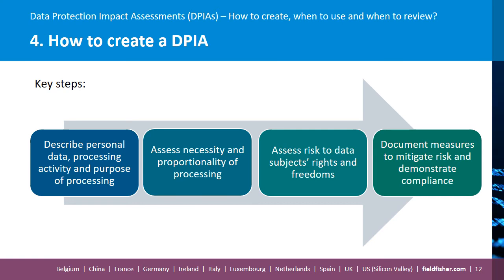First, describe the personal data, processing activity, and purpose of processing in question. Second, assess necessity and proportionality of the processing. Third, assess risk to data subjects' rights and freedoms. Fourth, document measures to mitigate risk and demonstrate compliance.